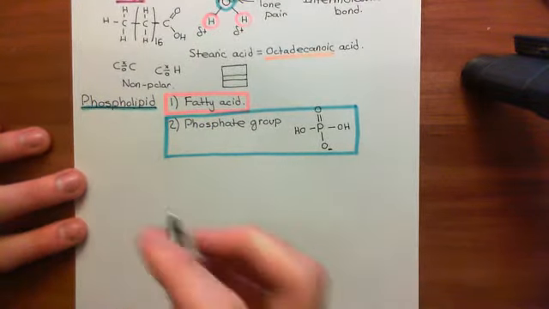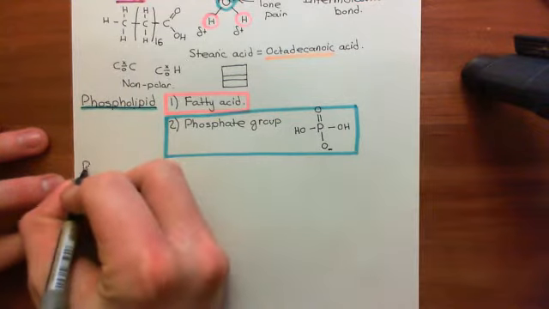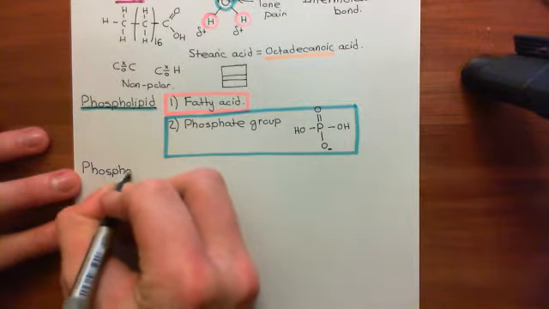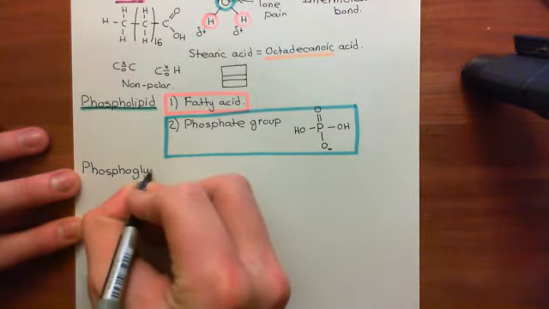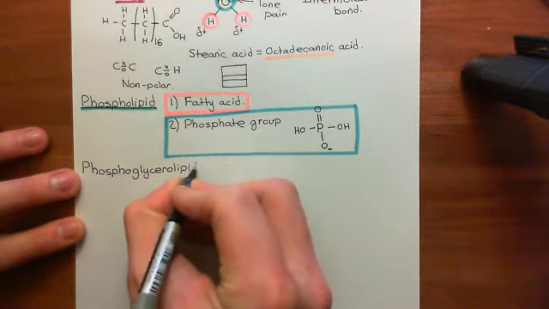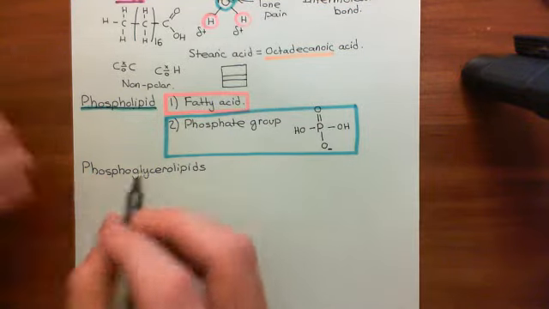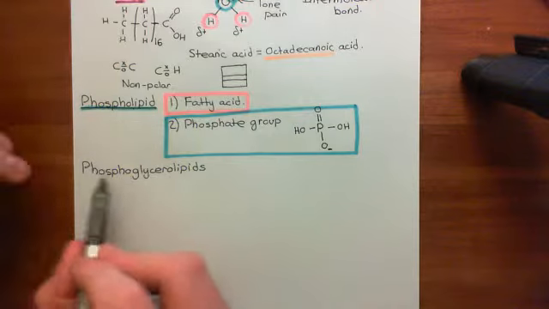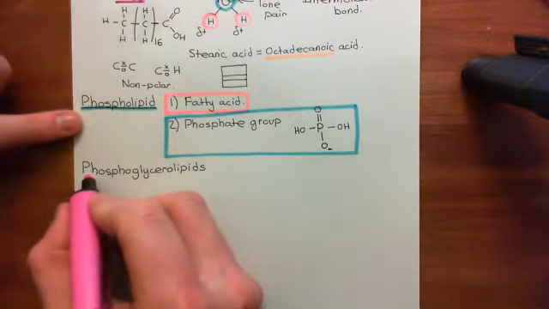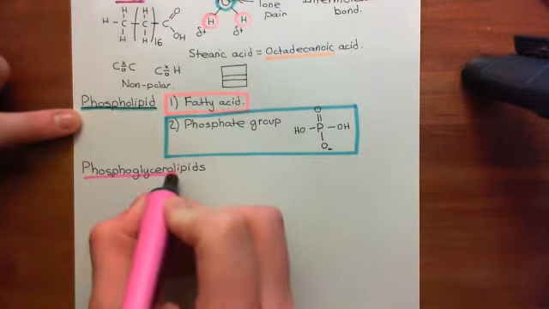Right, we're now going to go a little bit more specialised. We're gradually building up. We're now going to talk about what a phosphoglycerolipid is. All phosphoglycerolipids are phospholipids. Phosphoglycerolipids are a class of phospholipids, basically. They're not the only type of phospholipids.